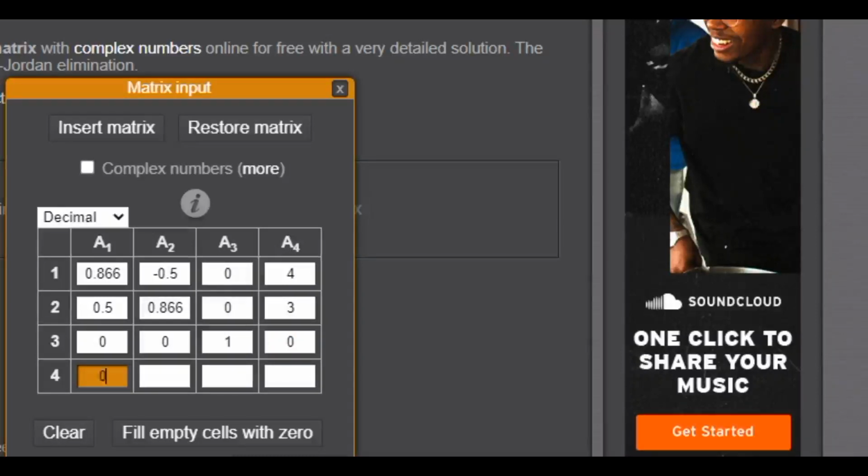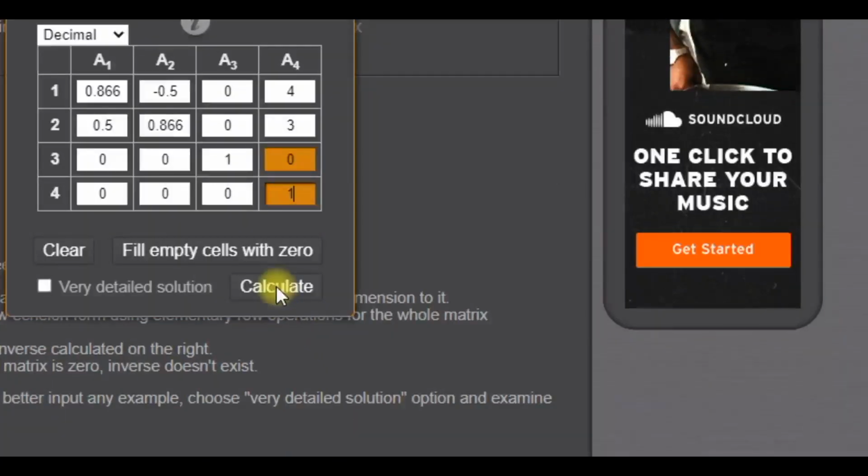The perspective transformation is 0, and the scaling is 1. Now the 4 cross 4 matrix is there, and now I calculate the value.